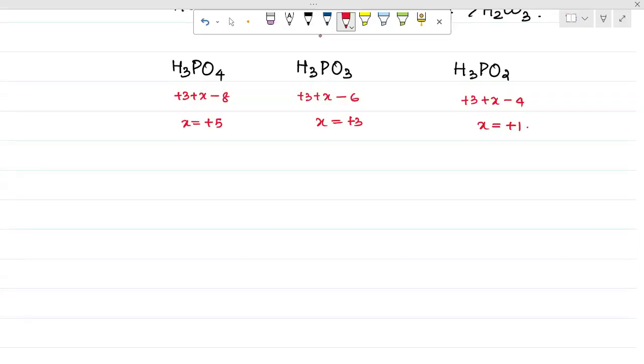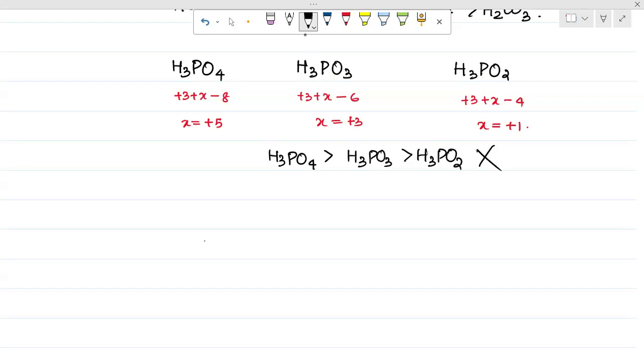So over here, there is a problem. By just looking at the oxidation states, you might think that H3PO4 is the largest, then H3PO3, then H3PO2. No, that is wrong. That's not the case over here.